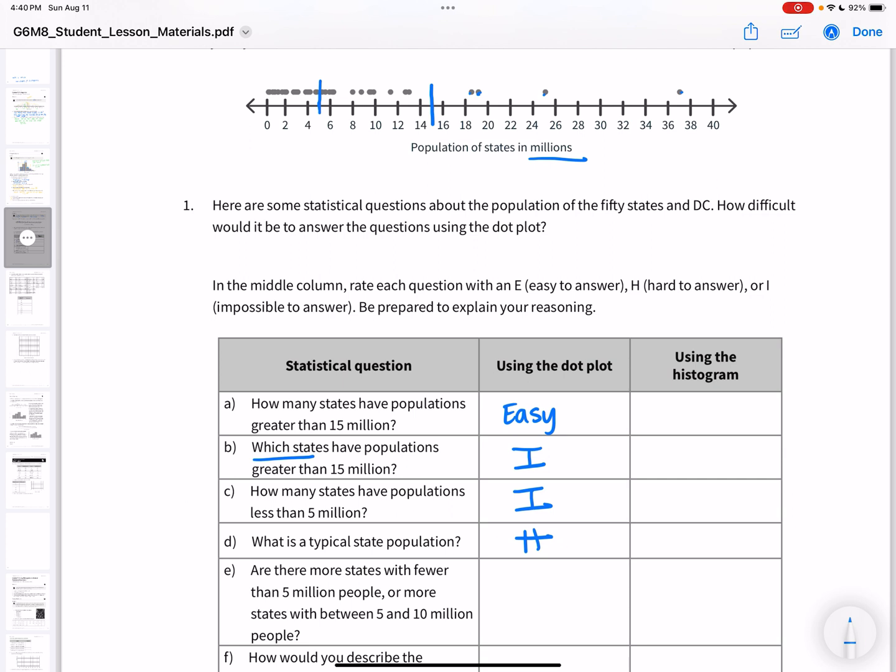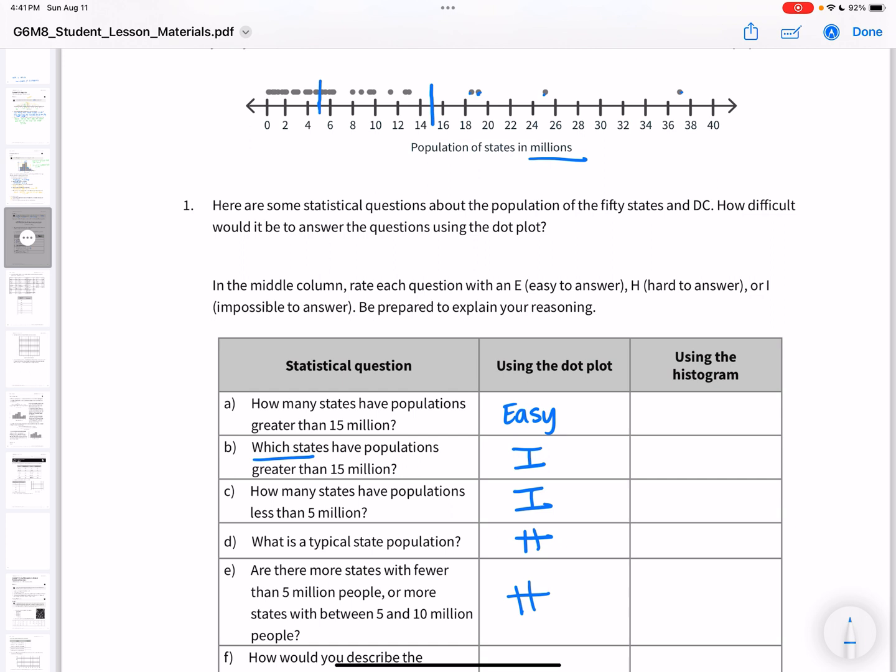Are there more states with fewer than 5 million people or more states with between 5 and 10 million people? Again, this one is going to be hard. It appears that there are more dots for populations less than 5 million than between 5 million and 10 million, but we can't be sure because the dots might be right on top of each other.